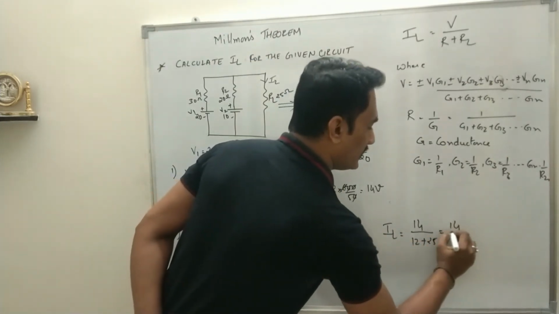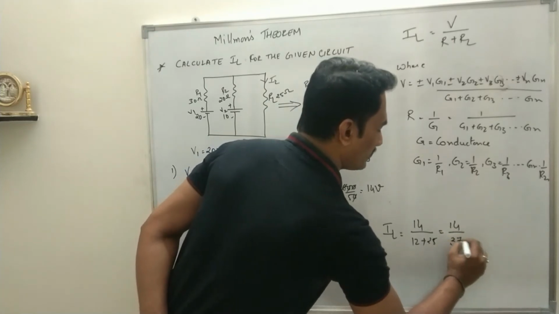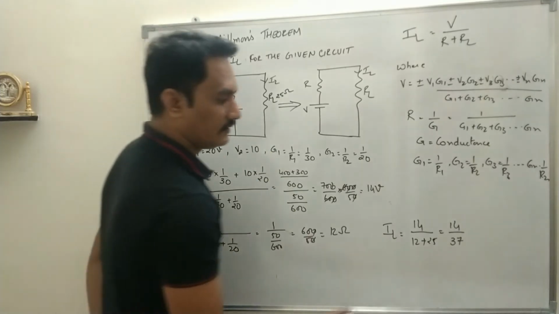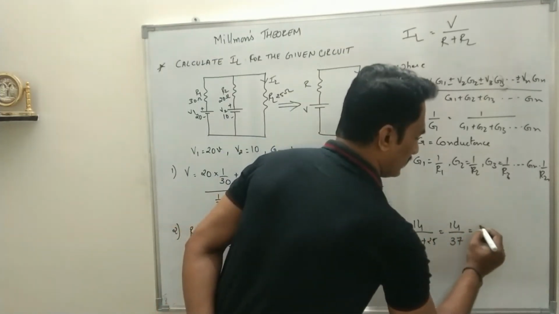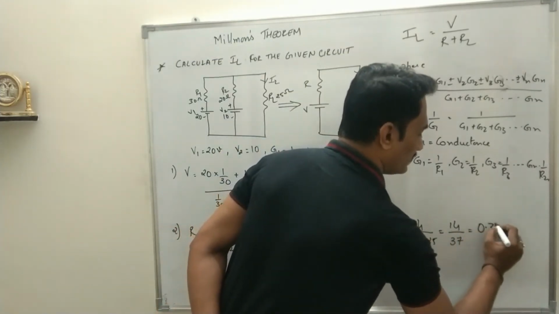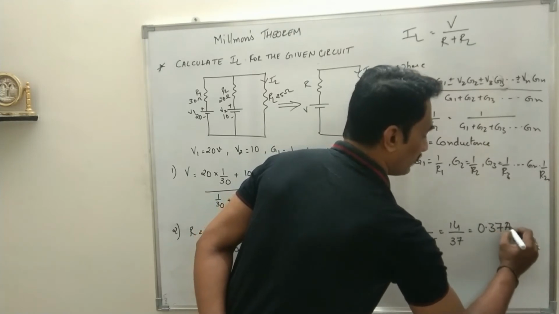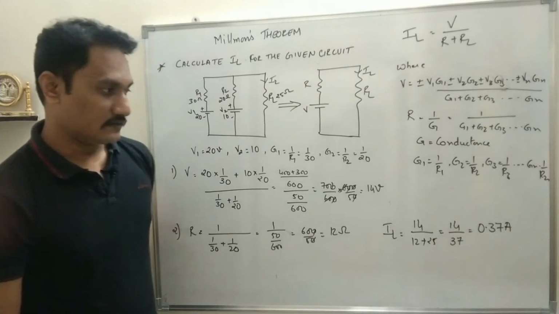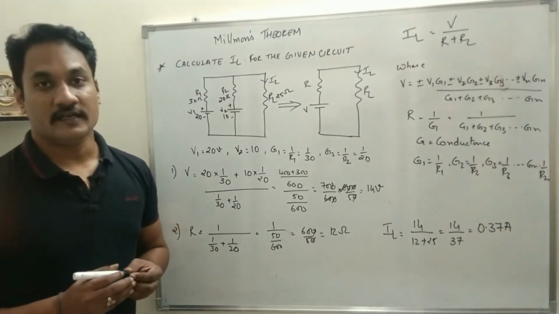So this is 14 upon 37, and if you calculate this value, it will come out to be 0.37. Of course, we are calculating current, so unit of current is ampere. So it will be 0.37 ampere.